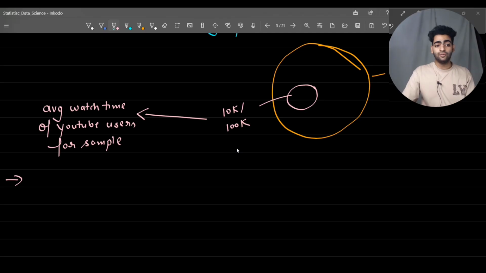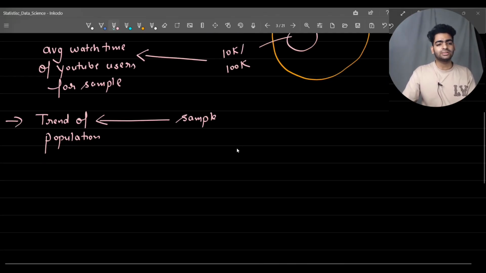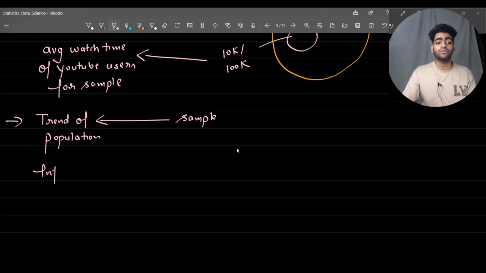It means in inferential statistics, all we are trying to do is understand the trend of the population on the basis of the sample that I have selected from the data itself. Let me write down a simple definition of inferential statistics.